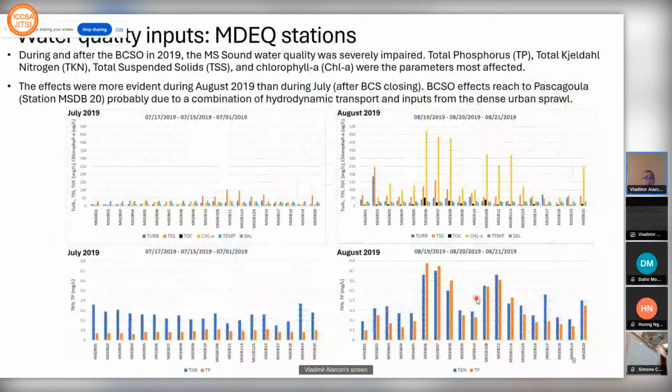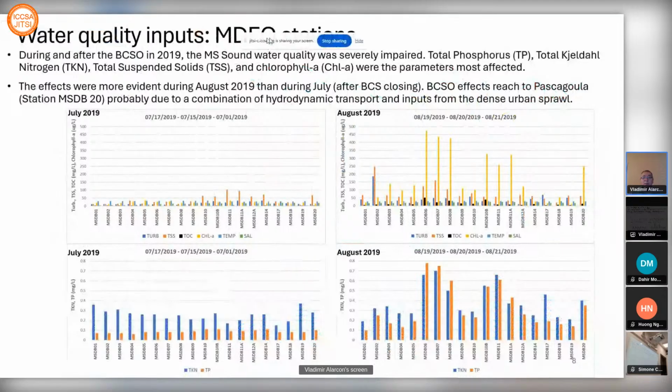We have also taken a look at water quality effects in the Mississippi Sound. And as you can see, the increase in concentrations of several pollutants is evident during the 2019 spillway opening.